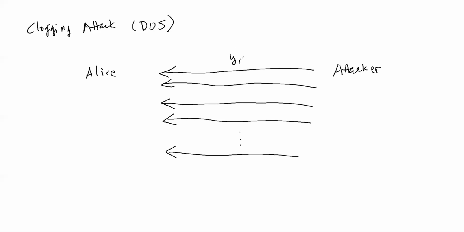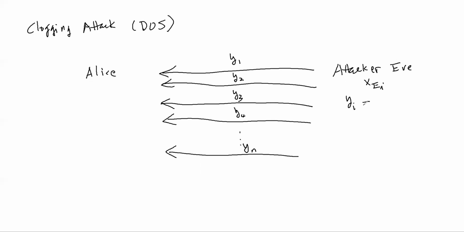So let's say it's Y1, Y2, Y3, Y4, Yn. So the attacker, again, let's call it Eve, picks XE. So Yi, of course, it could be a different one, let's say a lot of them.